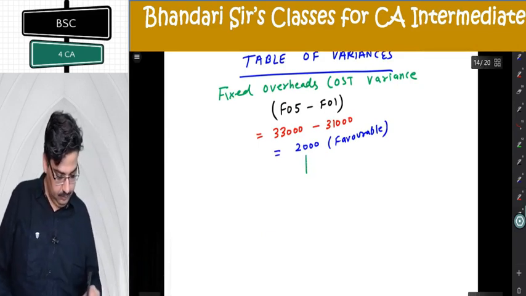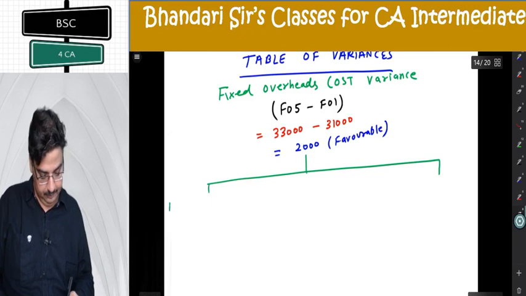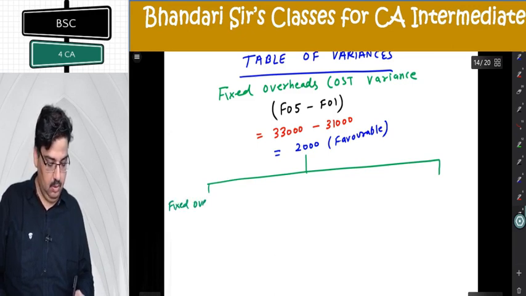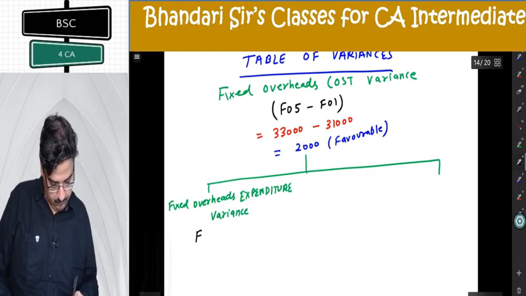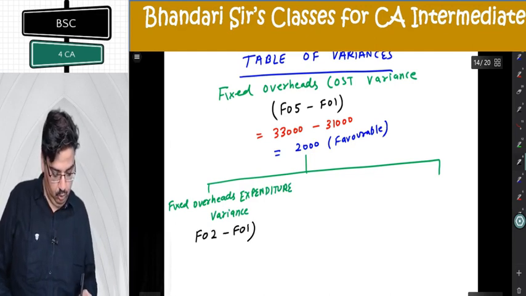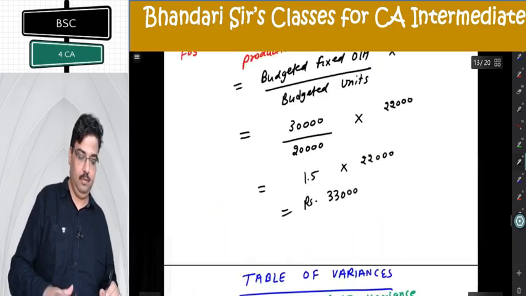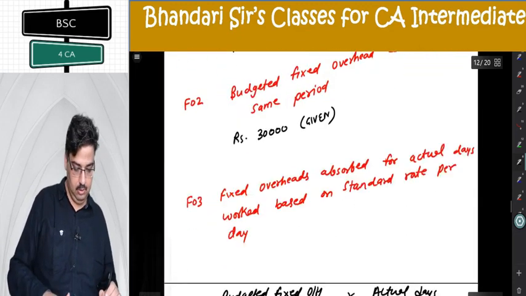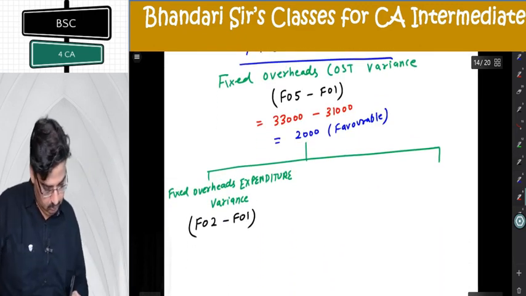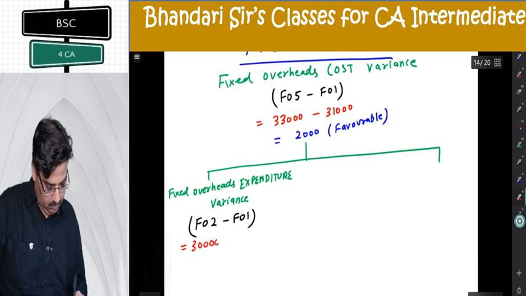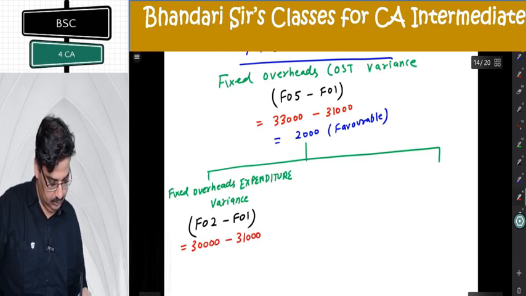Then two categories further. Fixed overheads expenditure variance. FO2 minus FO1. FO2 was 30,000, minus 31,000.